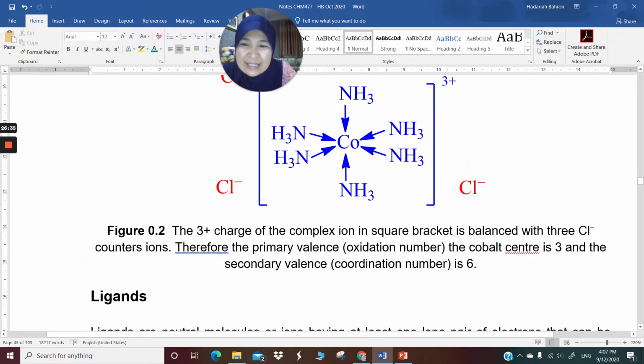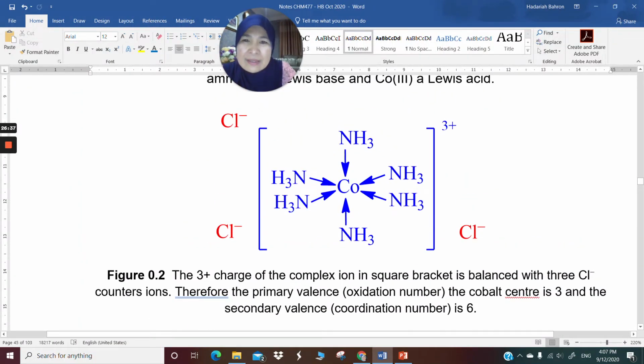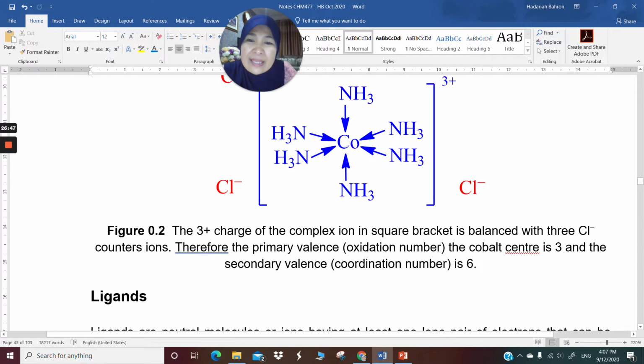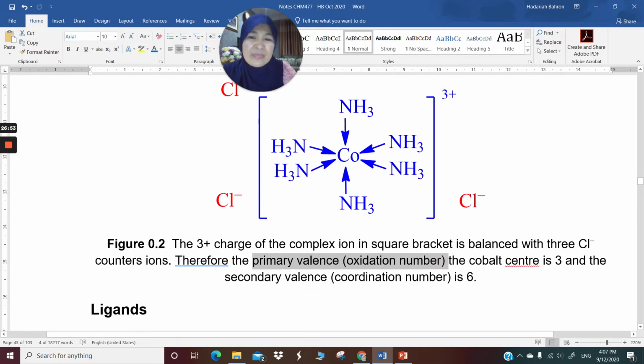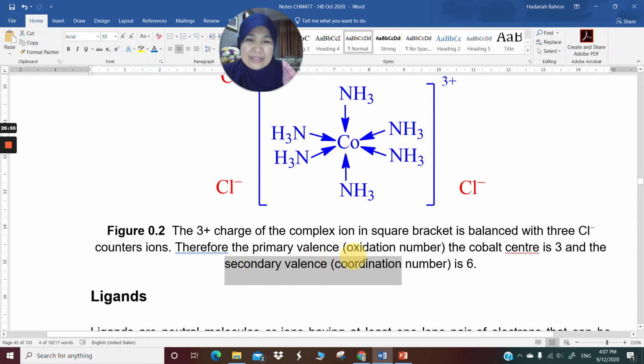The plus 3 charge, now let me explain this diagram first. The plus 3 charge of the complex ion in the square bracket is balanced with 3 chloride counter ions. Therefore, the primary valence, which is the oxidation number, is 3. And the secondary valence, which is the coordination number, is 6.